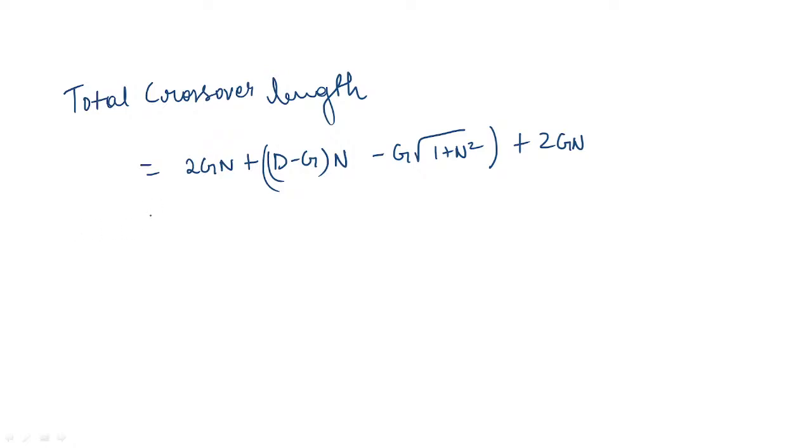So the final formula which comes out is 4Gn plus D minus Gn minus G under root 1 plus n square. So this is the formula for total crossover length.